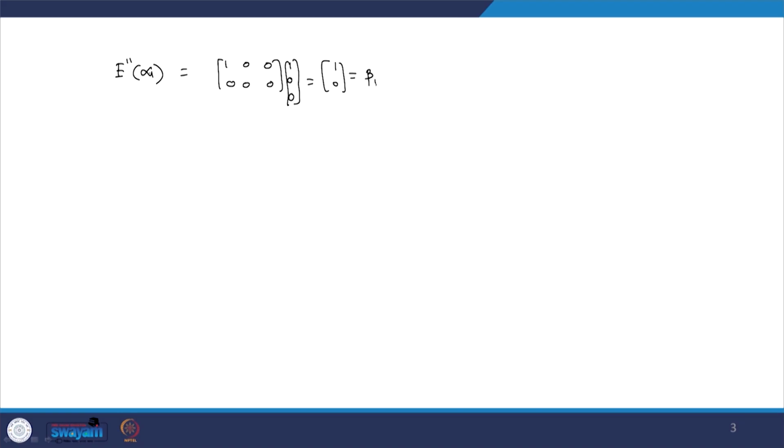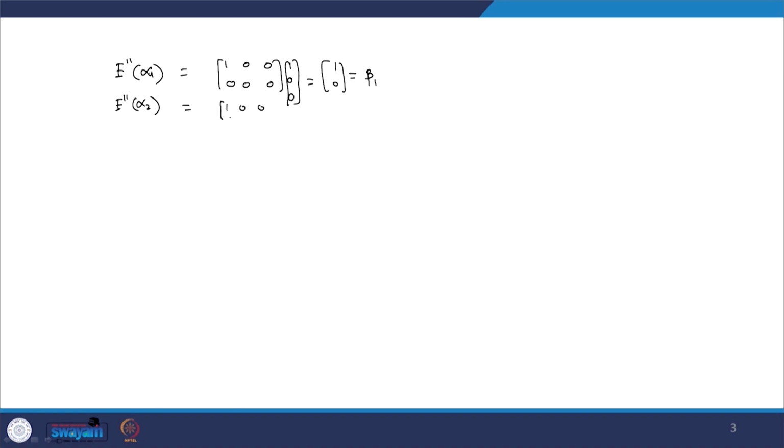So, E11 operating on alpha 1 equals beta 1, but E11 operating on alpha 2 has to be 0, and E11 operating on alpha 3 has to be 0. So, let me check whether it is satisfying this condition or not.